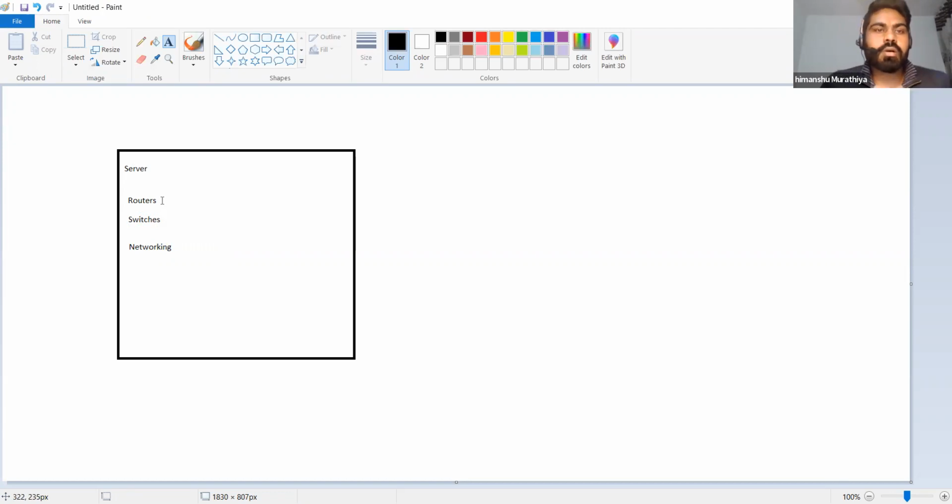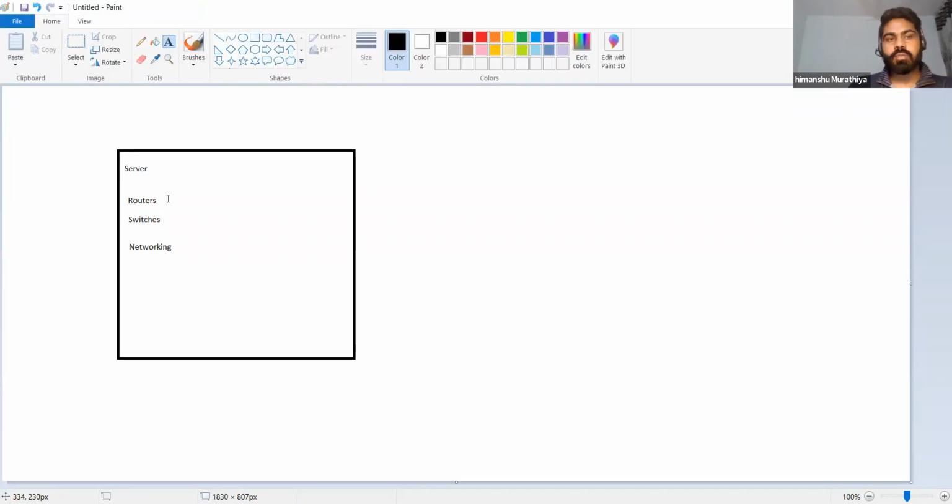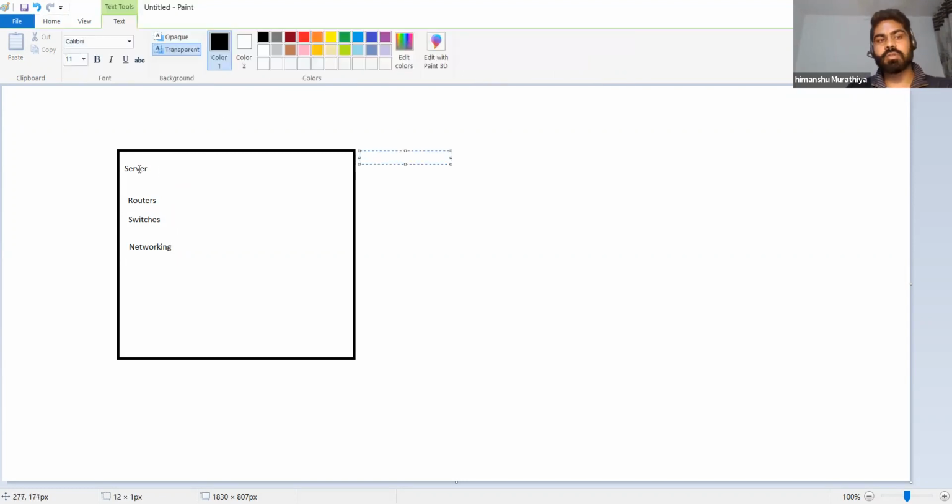So what is happening here? When you are starting your business, like an e-commerce website, to host it you need the servers, routers, networking, the whole infrastructure. It means you need to buy these things: the servers, the routers, the switches, networks, all these.